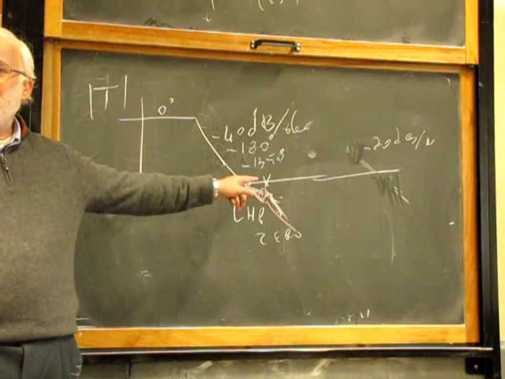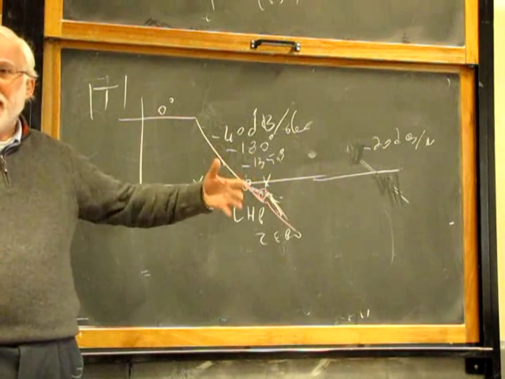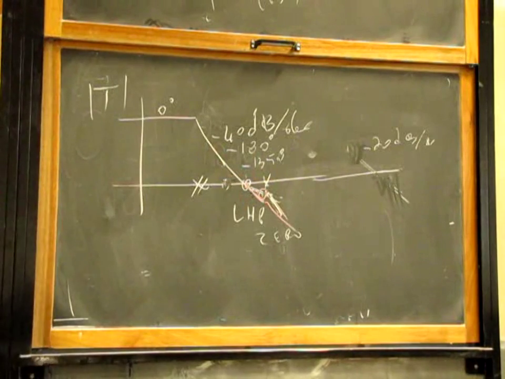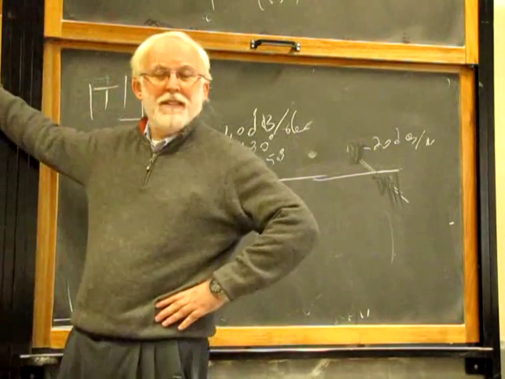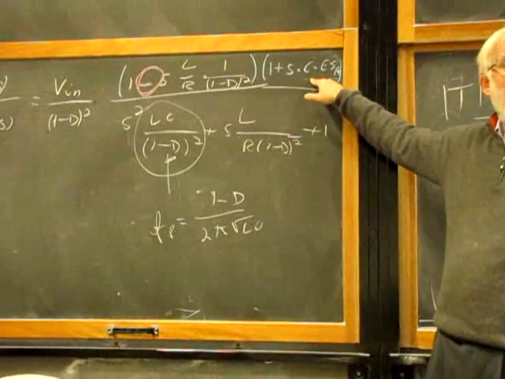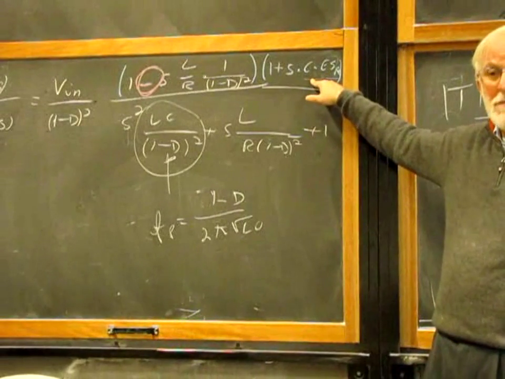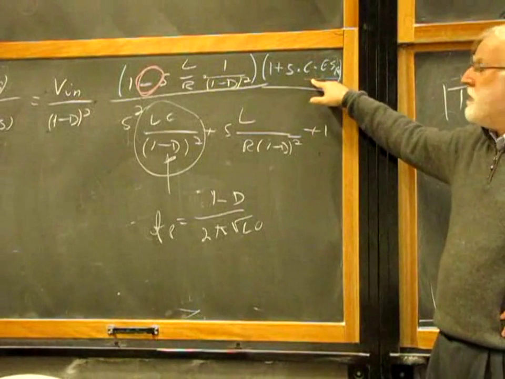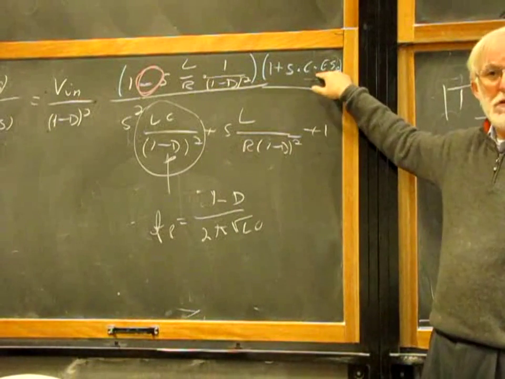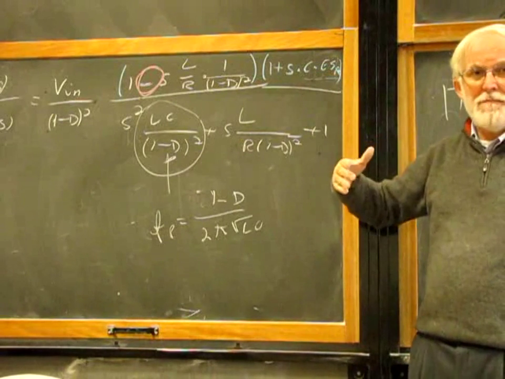What is a left half plane 0 coming from in power electronics, at least up to today? Yes, sir. That means if you get a lousy output capacitor, your system can be stable because the low frequency 0 due to the ESR stabilizes your system.